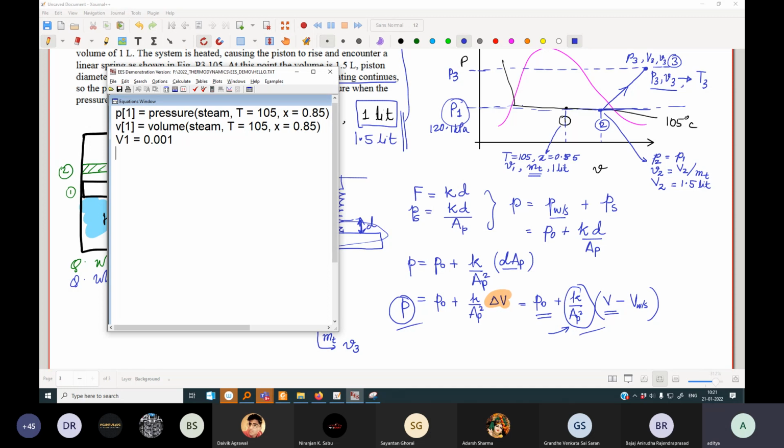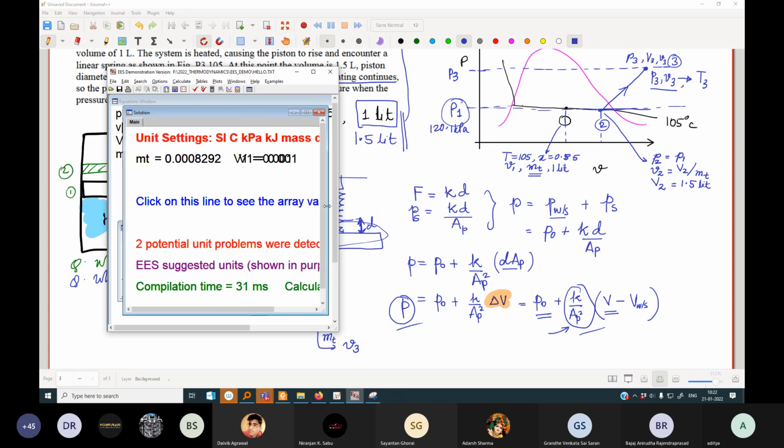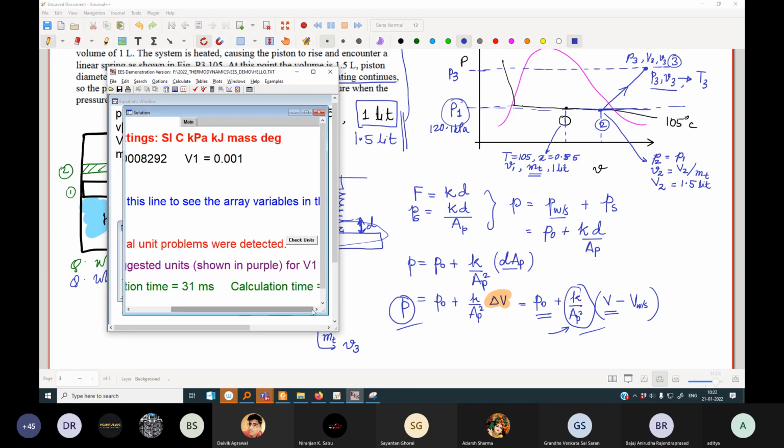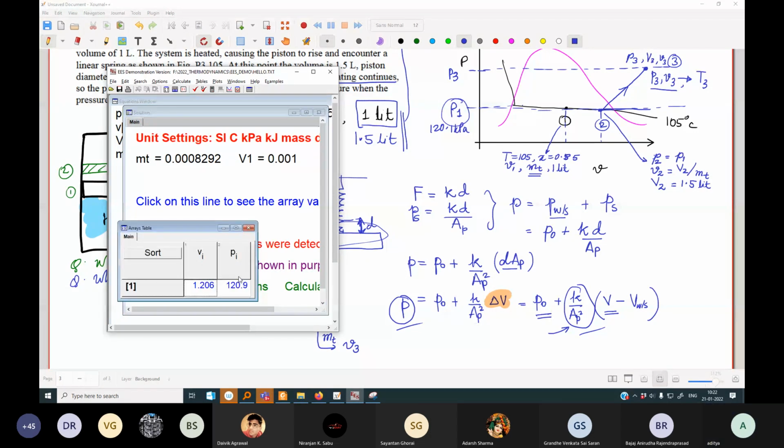The total mass. So how do we figure out the total mass? It will be the total volume V1 divided by V at 1. Let's just do this. So what do we get?